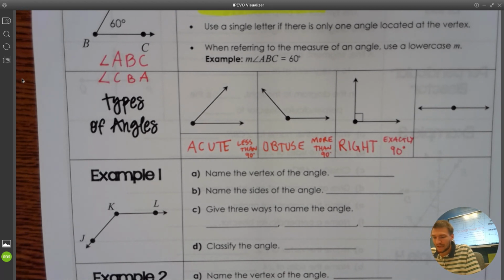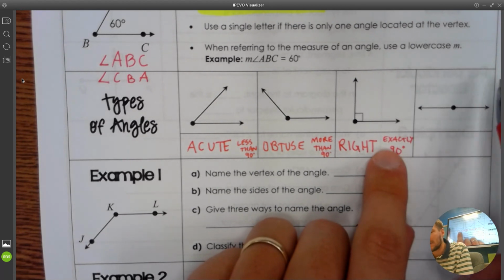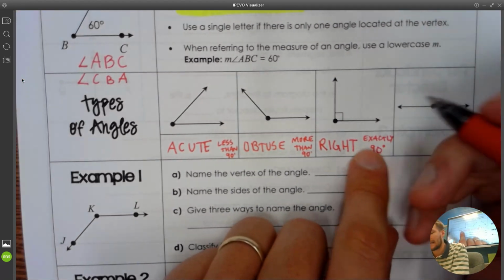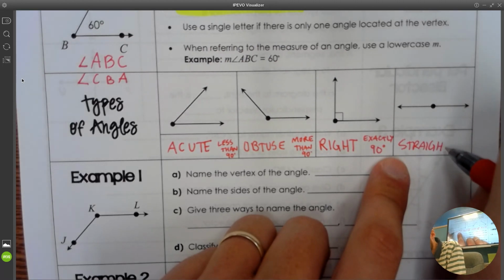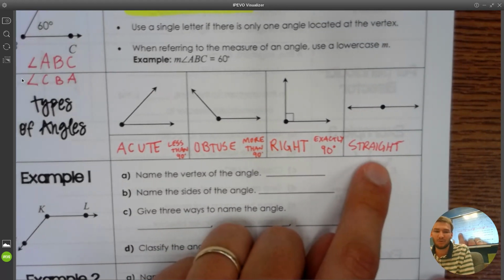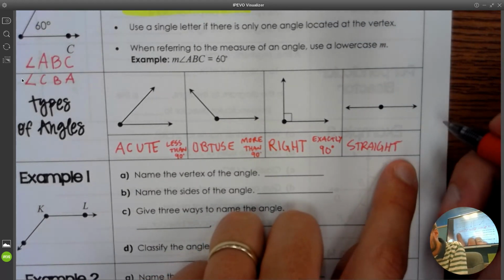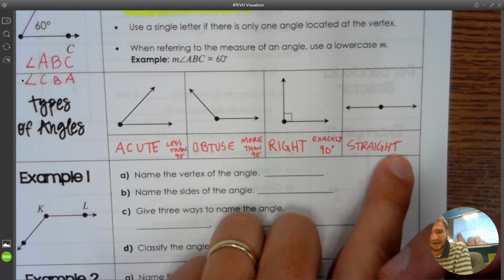And then basically, when our angle ceases to be an angle at all, and we convert all the way from an angle straight back into a line, we just say that this is a straight angle, which again is not even really an angle anymore, but we say that this is straight. Now, how many degrees would a straight angle be?